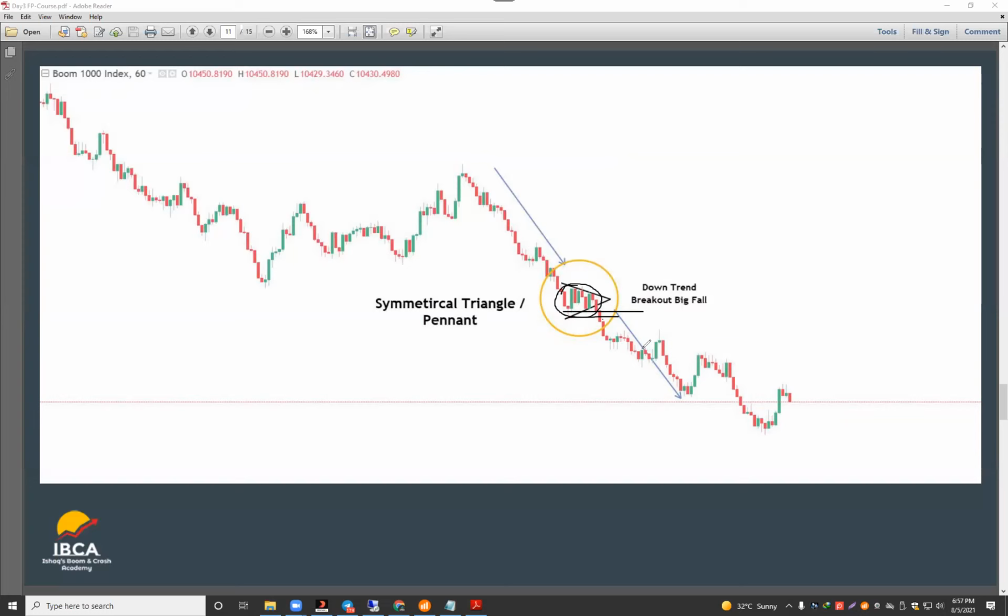Don't keep hope that, okay, if it is moving down, maybe it will move up. When you find the word maybe, don't believe it. It is better to take a small loss than waiting for the big profit. So take a small loss, right? Okay.